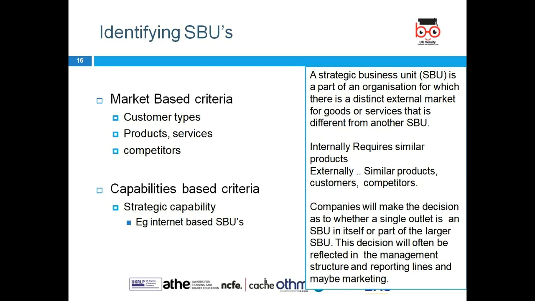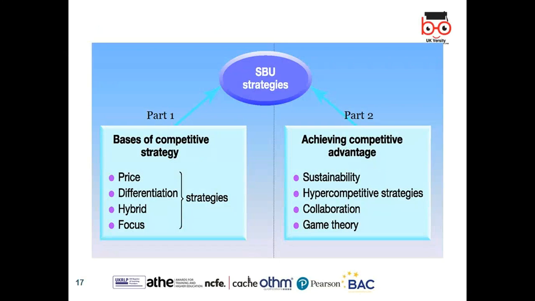A strategic business unit is a part of an organization for which there is a distinct external market. Within a company we do marketing internally and outside, and we can focus on it, make decisions and reflect on it.